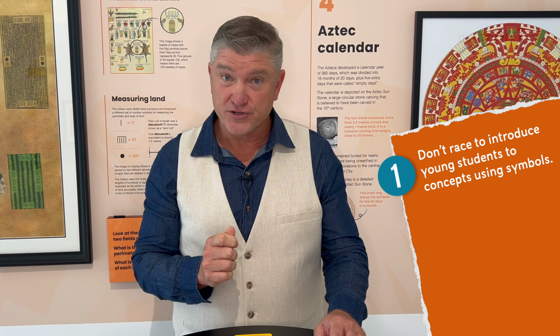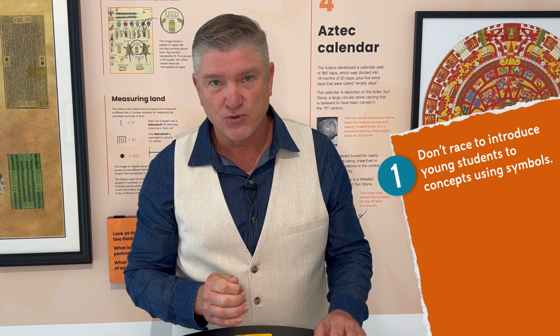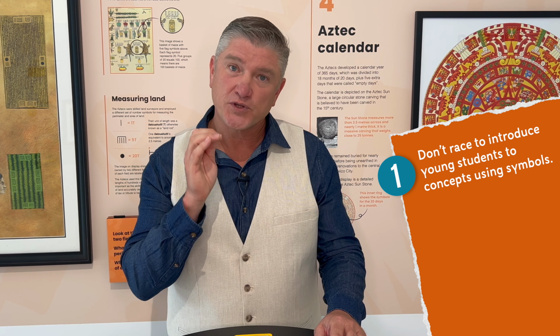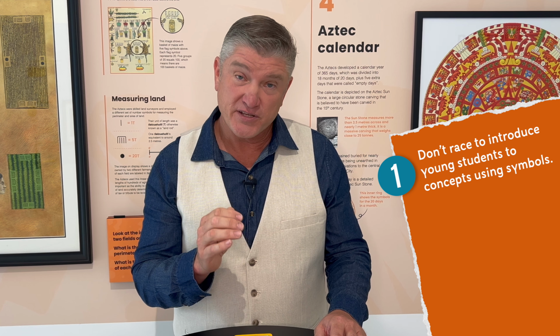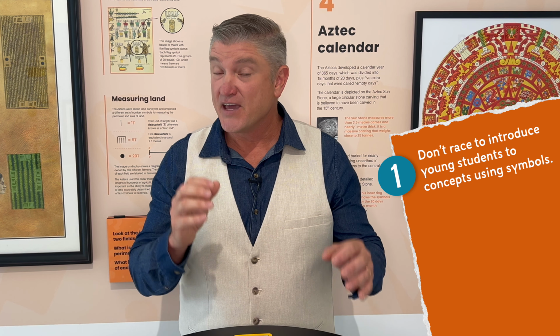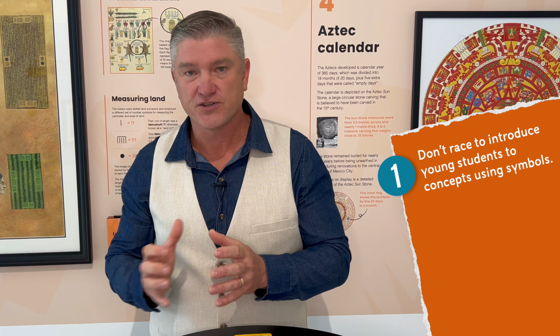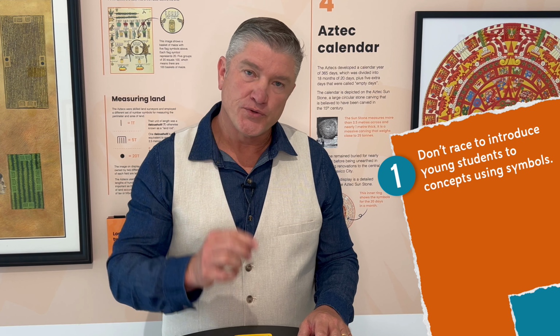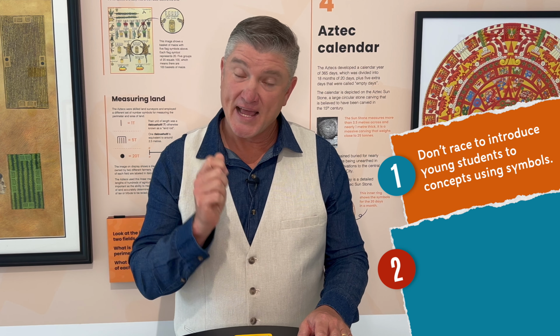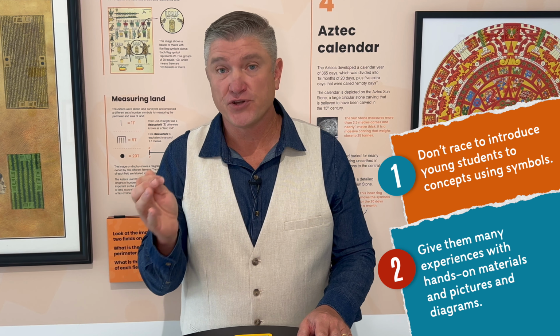Now this is what I want you to do. 1, don't race to introduce young students to concepts using symbols. Instead, leverage what they already know, their experiences, their language, and their everyday materials to model and to discuss the concept. And 2, give them many experiences with hands-on materials and pictures or diagrams.